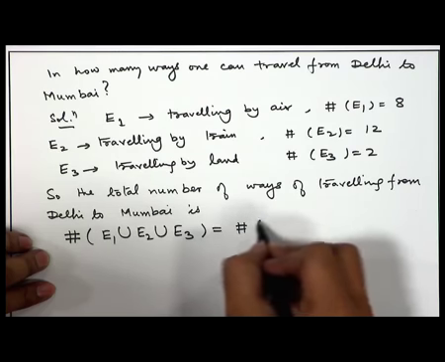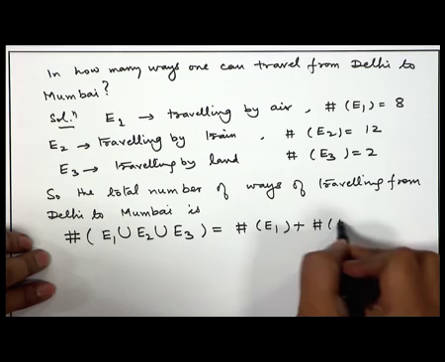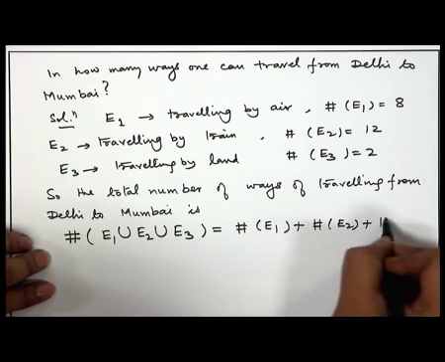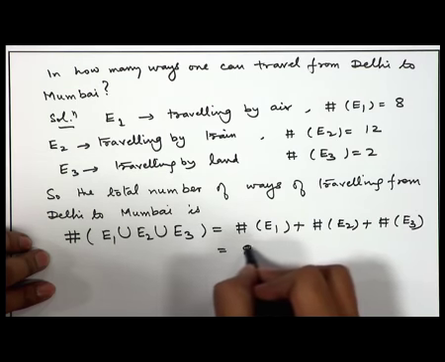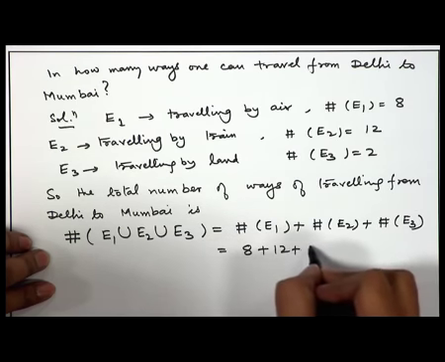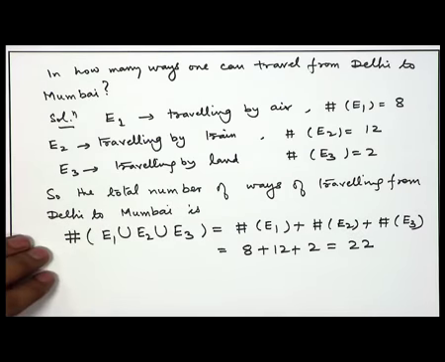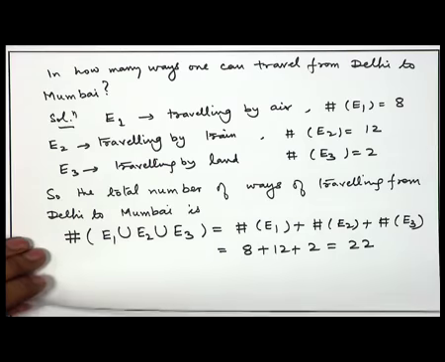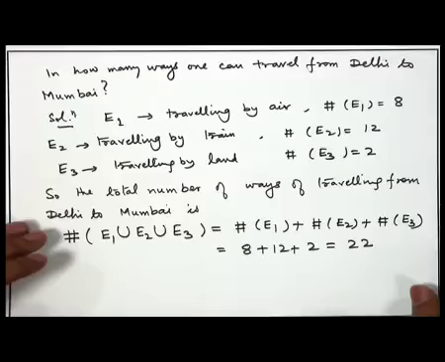So, that is cardinality of E1 plus cardinality of E2 plus cardinality of E3. So, that is equal to 8 plus 12 plus 2, that is equal to 22. So, there are total number of 22 ways of travelling from Delhi to Mumbai, if these kind of options are available.